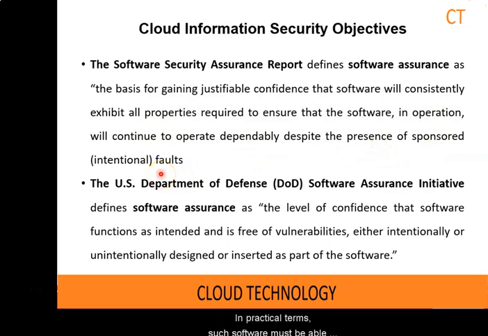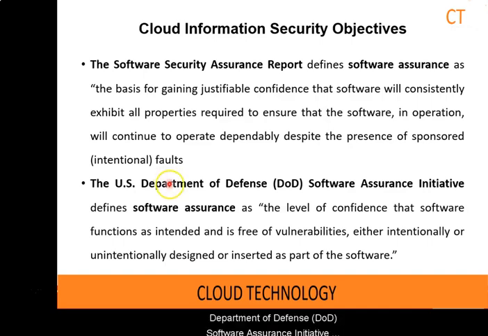In practical terms, such software must be able to resist most attacks, tolerate as many as possible of those attacks it cannot resist, and contain the damage and recover to a normal level of operation as soon as possible after any attacks it is unable to resist or tolerate.